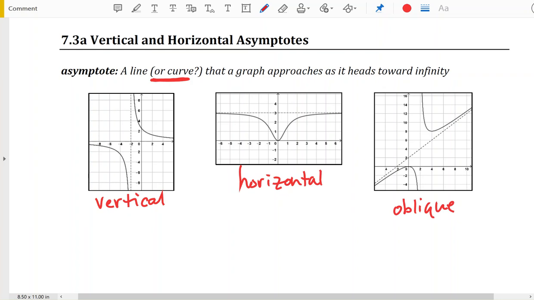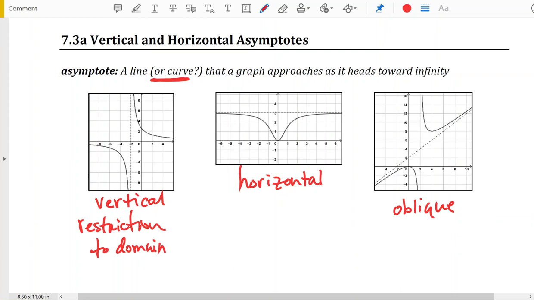We're going to, in this video, primarily deal with the first two, and we're going to reserve oblique for a little bit later. There are different ways to approach calculating vertical and horizontal asymptotes. A vertical asymptote is formed by a restriction to the domain. And so that's what we're going to look for when we want to find out where those vertical asymptotes are.